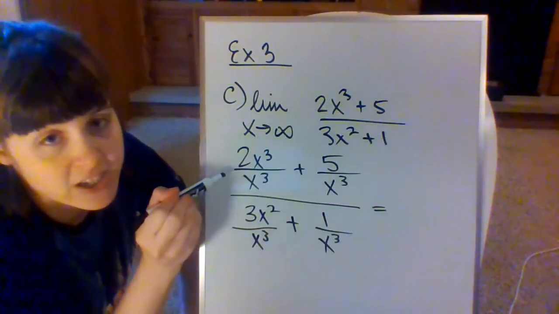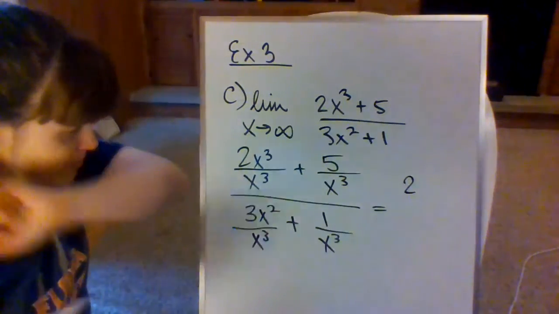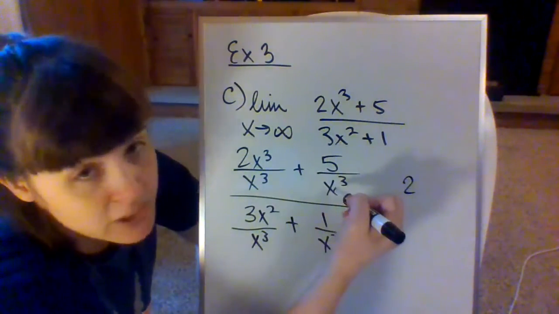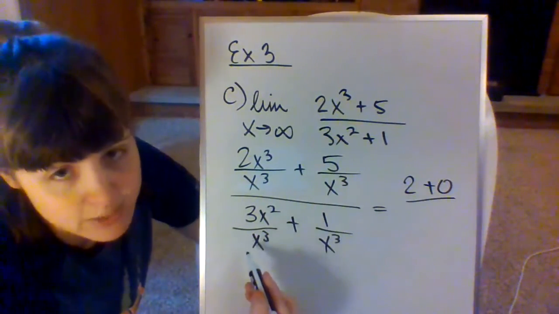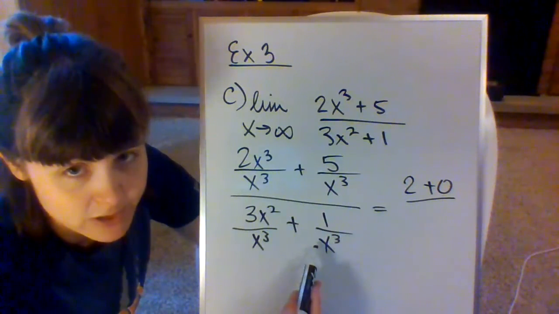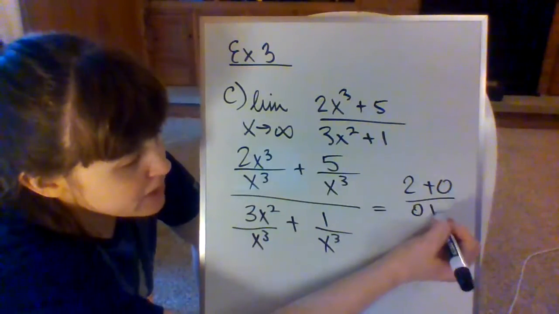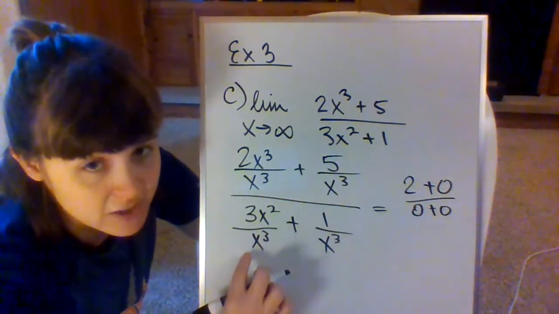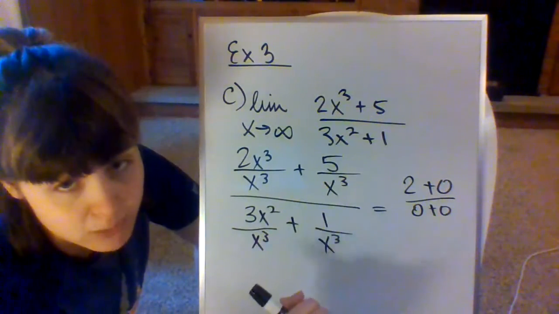So this part here is going to become 2. This part here is going to become 0. This part here is going to become 0, and so is that part. So on the bottom here we have 0 plus 0. Because when you plug in infinity for x on both of these, we're going to be left with 0 on the bottom.